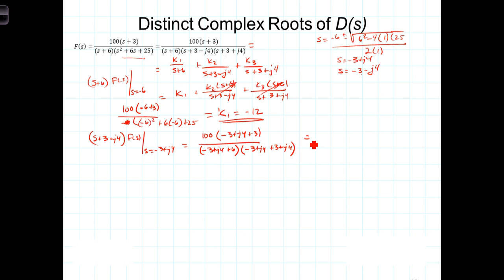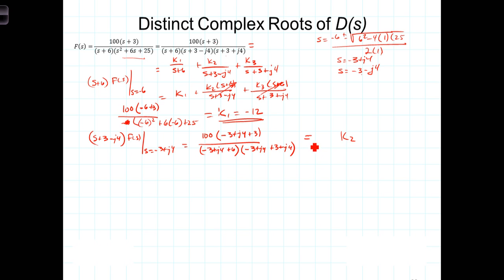And then on the right-hand side, rather than taking the time to write everything, hopefully we understand that when we multiply this side of the equation by that factor s plus 3 minus j4, we'll have a term here and a term here, but on this middle one, multiplying this times this term, they're going to cancel, and it's going to leave us k2 all alone, because when we multiply this term by s plus 3 minus j4, and then evaluate it at s equals negative 3 plus j4, this term is going to go to 0, and similarly, this term will go to 0.